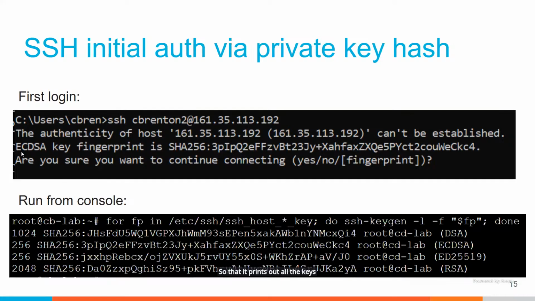I'm trying to connect using the ECDSA algorithm, so go find the ECDSA key and read off this hash value to me, all 256 characters of it. 3P capital I, 3P capital I. Okay, that's right. P uppercase Q, P uppercase Q. You get the idea. And now if those values match, I know I'm connecting to the right system. Okay, show of hands. How many people validate that hash when they log into an SSH system?